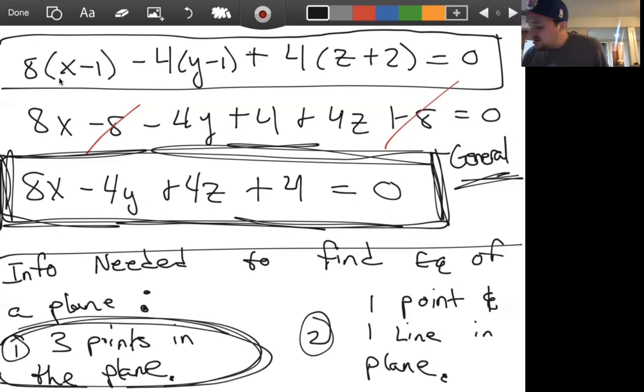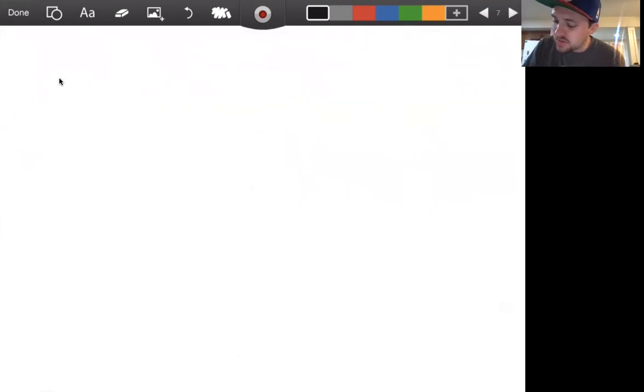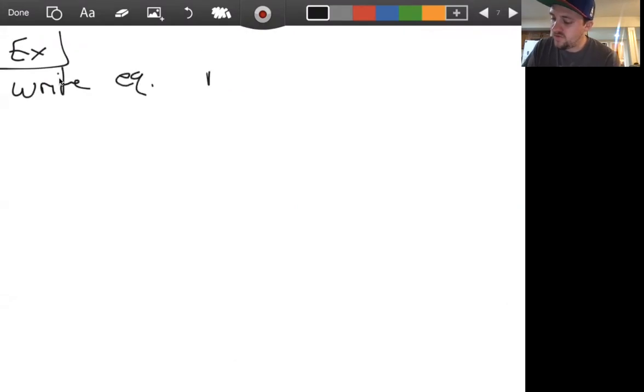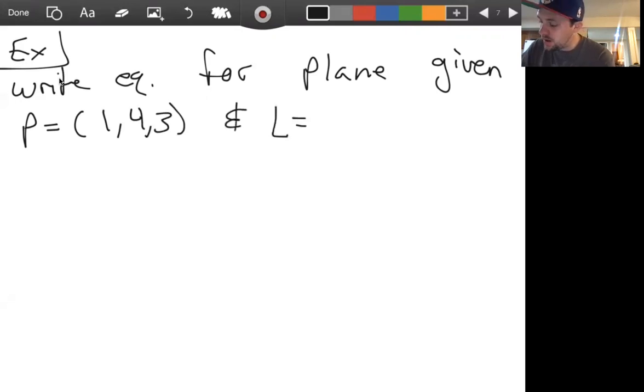Let's do an example now, seeing how we can construct an equation for a plane given 1 point and 1 line. So this will be the second example. Let's write the equation for the plane given P, which is the point (1, 4, 3), and L, which is the line.